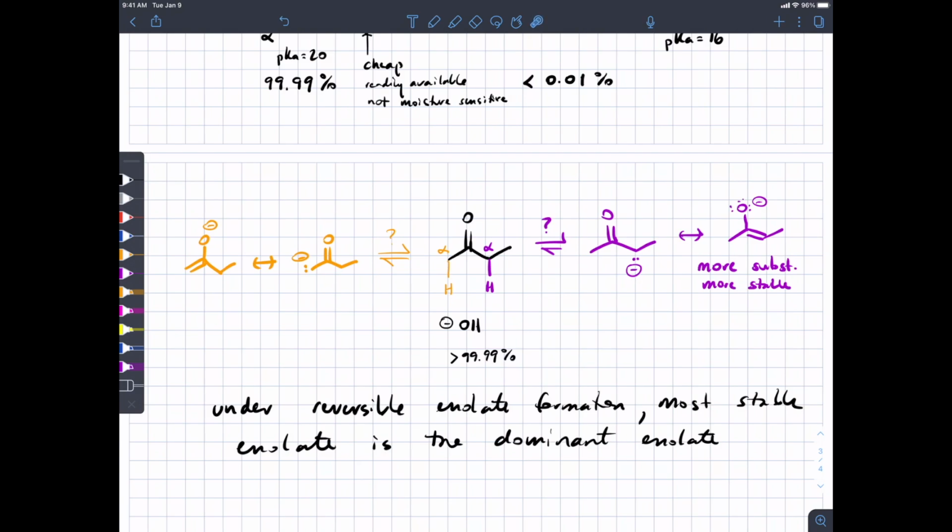We're talking about the substitution of this pi bond. More substituted enolates are more stable, whereas less substituted enolates are less stable.